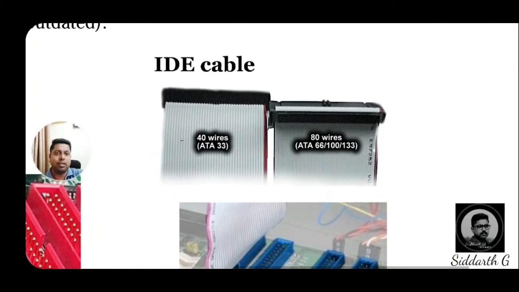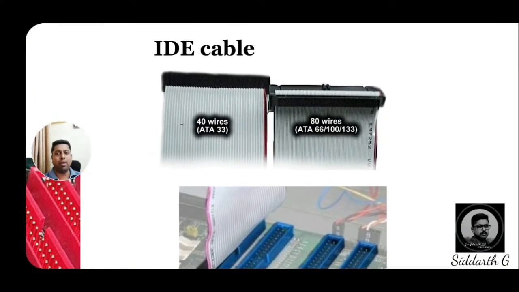After this is the IDE cable, integrated drive electronics. This is the type of cable. It is a belt-like structure. If you are able to see, this is a belt-like structure. In between this belt-like cable, nearly 40 wires are combined into one small belt, and we have two different ends.